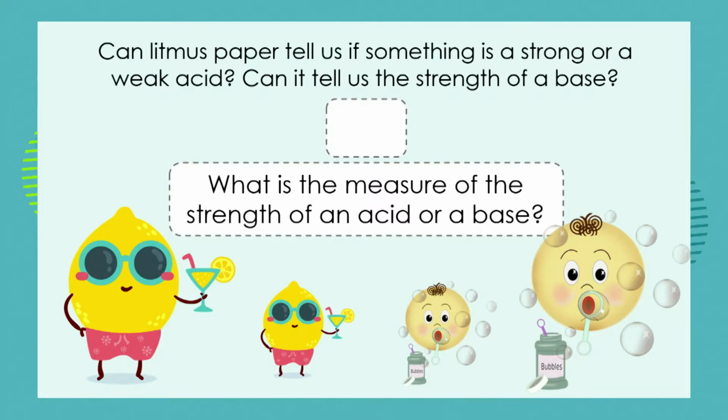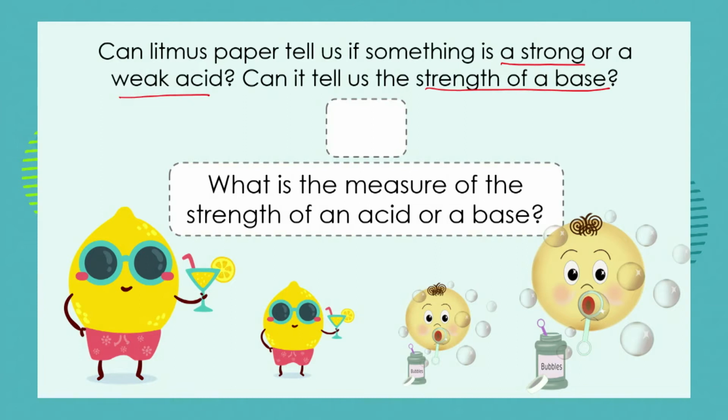Now, can litmus paper tell us if something is a very strong acid or a very weak acid? Can it tell us the strength of the base? We know that certain substances like toothpaste and soap are safe to taste and to touch.